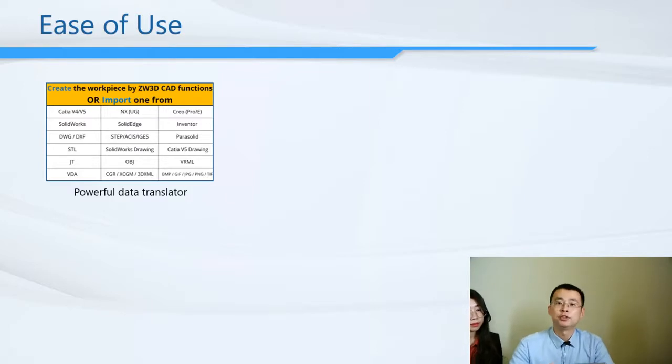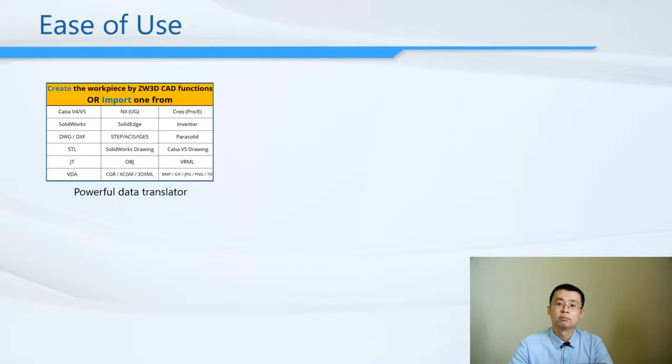If you've been joining us all along, you will know that ZW3D has very professional CAD functions. It can easily create your workpiece. But as a CAM engineer, what we always do is not create the workpiece by ourselves, but receive a workpiece from our partners or our customers. Maybe they are not working with ZW3D, maybe they are working with CATIA, maybe they are working with NX or SolidWorks.